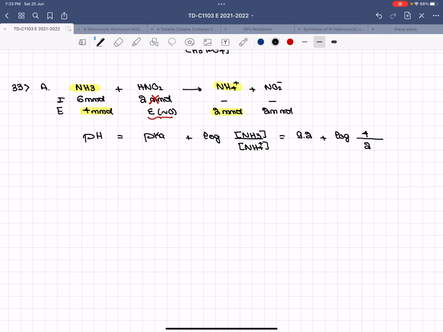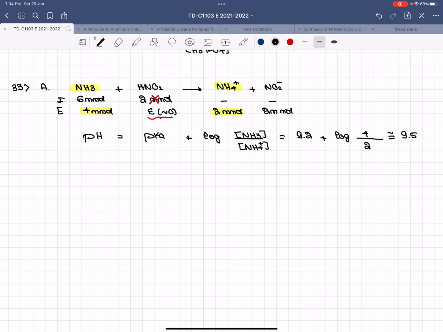Is it necessary to divide by the total volume? No, it's not necessary, because the total volume above and below will cancel, and you don't even have to change from millimoles because the units will cancel. It will be basically log 2. Okay, and I think the pH will be around 9.5. And you should get the same answer from both.